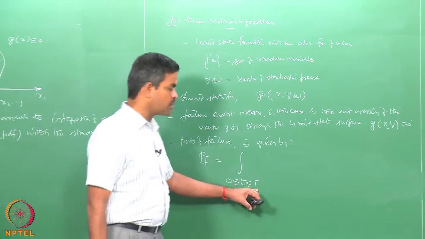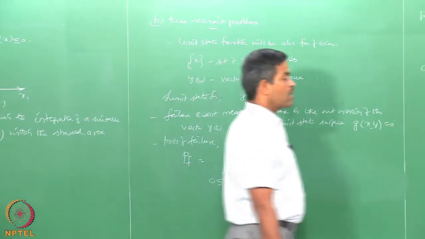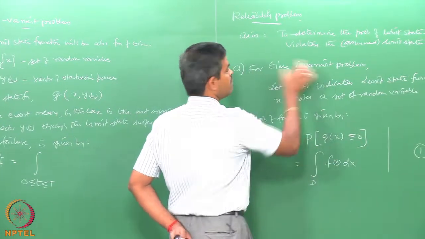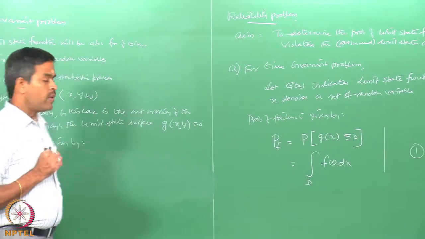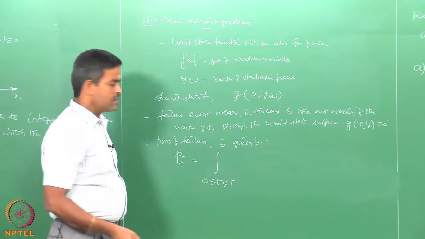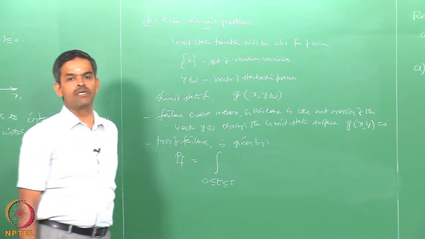So, time has to be specified. Why was time not important in the earlier equation? Because the limit state function chosen remained time invariant, whereas in this case the limit state function represents the time variant problem as well, therefore the time boundary also comes into play here.